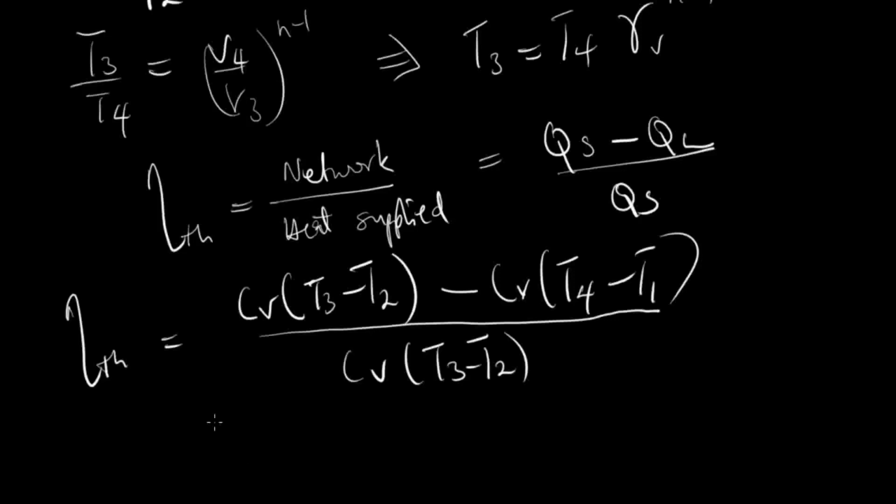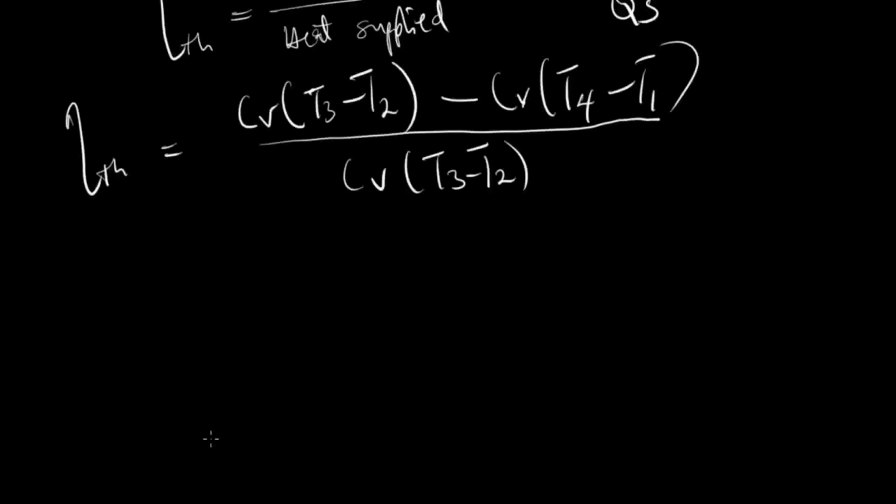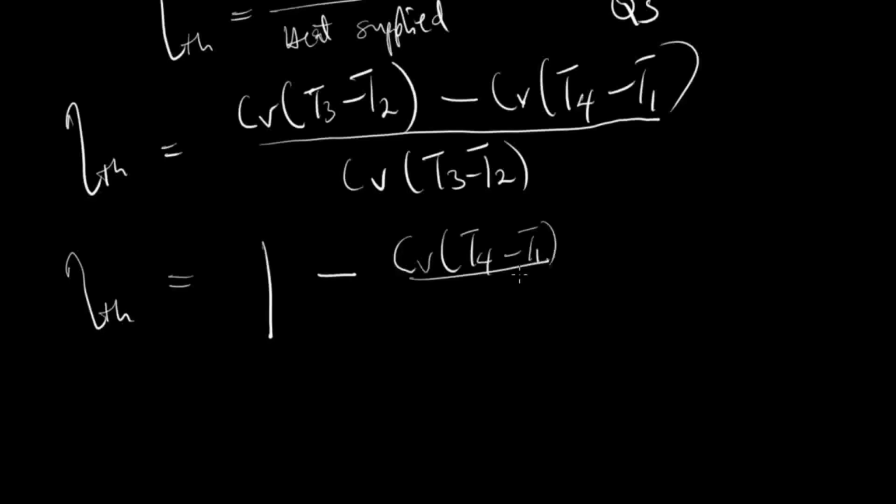Dividing through by Cv into T3 minus T2, we have that efficiency is 1 minus Cv (T4 minus T1) all over Cv (T3 minus T2).